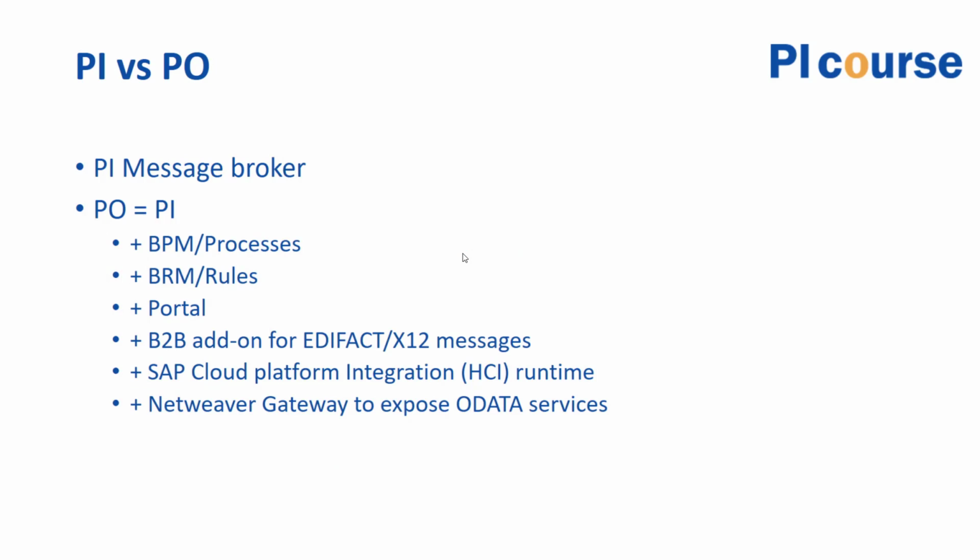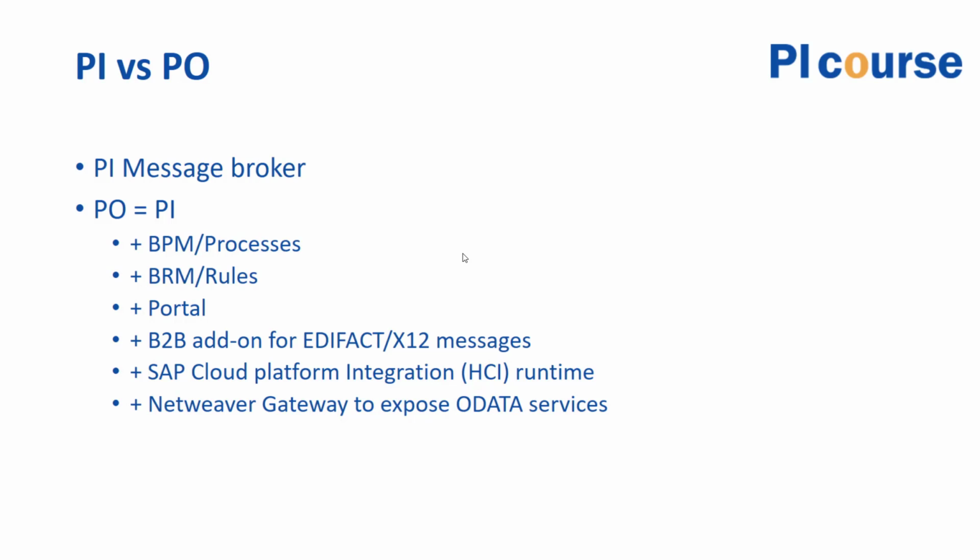Another concept that messes this thing up is PI versus PO. So PI is process integration, PO is process orchestration. This course would mainly focus on the PI, which is the message broker.